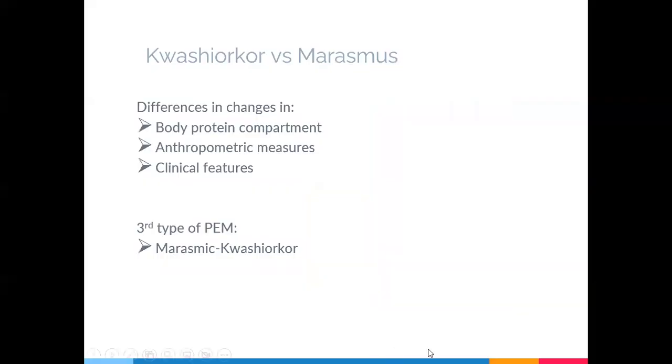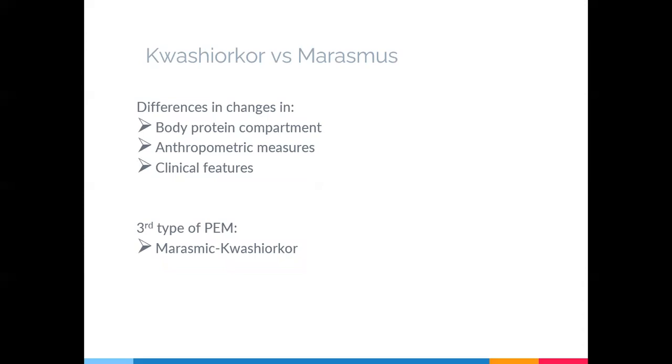Okay. So differences in changes in body protein compartments. Again, katong na-discuss na nako, somatic versus visceral. Anthropometric measures differ gihapon siya because si marasmus usually mag-lie siya diha, no, between -2 SD to -1 SD. Mao na siya usually ang anthropometric measures sa marasmus.